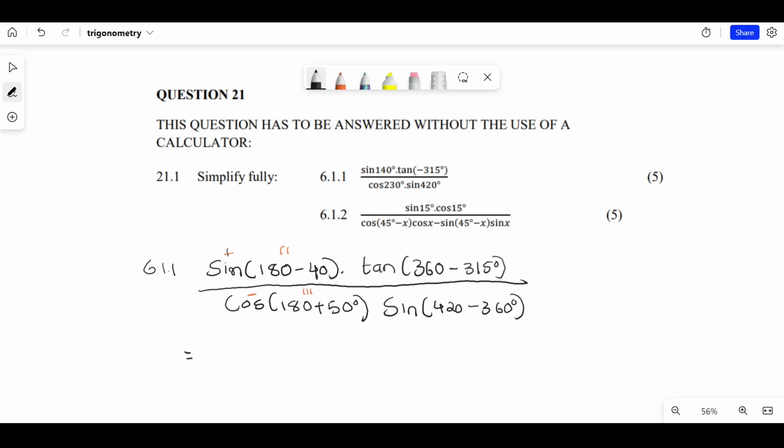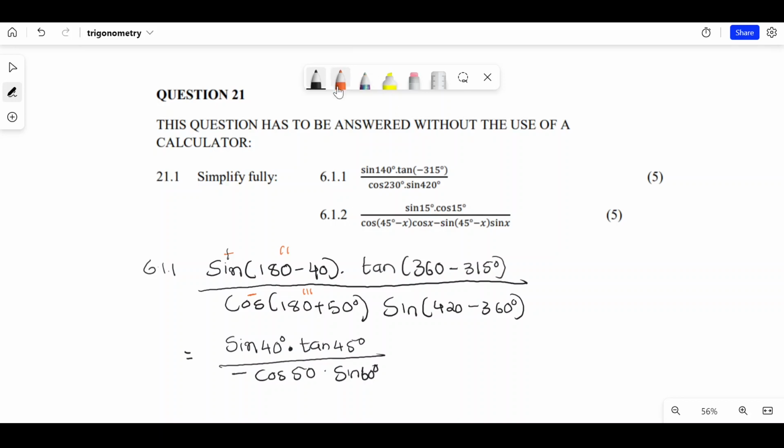So sine 180 minus 40 is positive sine 40 times tan 360 minus 315 is tan 45 degrees divided by, this one is a reduction formula, negative cos 50 times sine, when you subtract 360 from 420 you get 60 degrees.